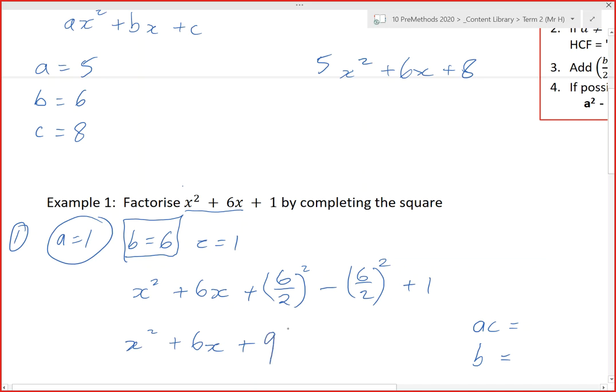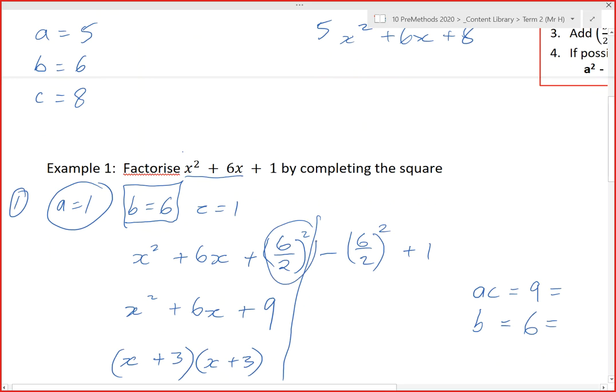Now, can anyone think of 2 numbers that multiply to get 9 and add to get 6? I invented a new C number, which is 9, and then I factorized it.